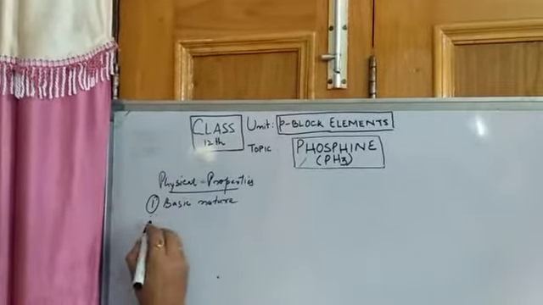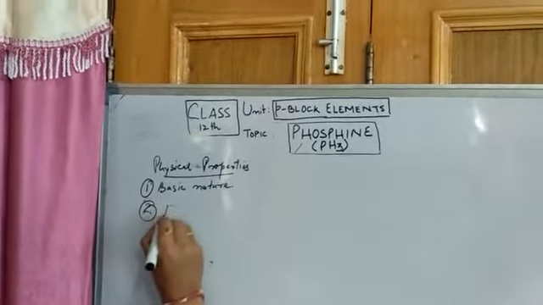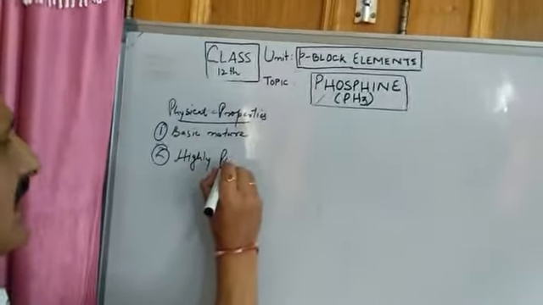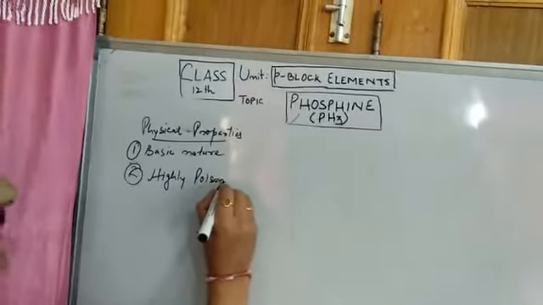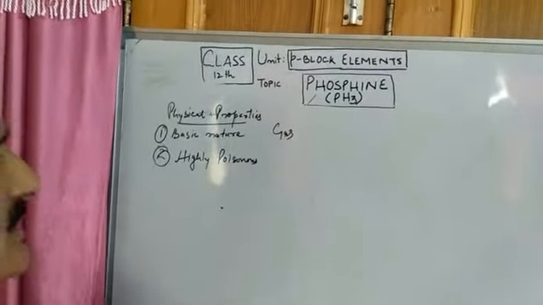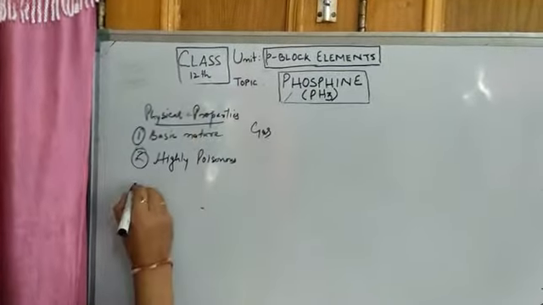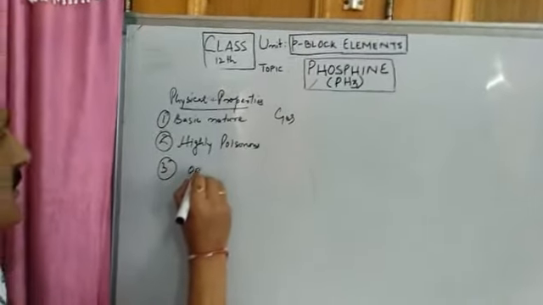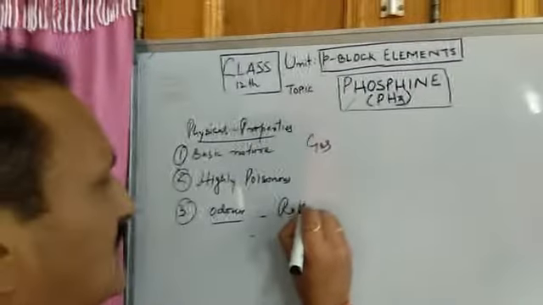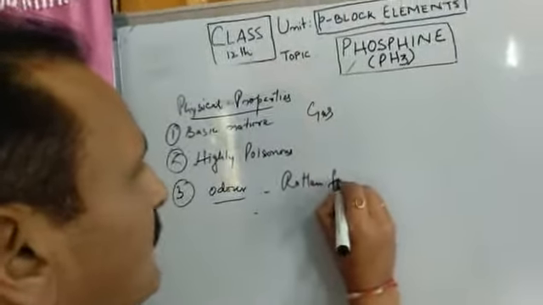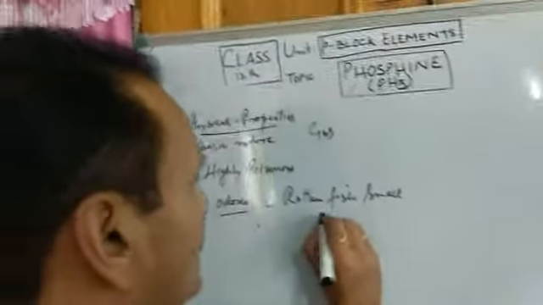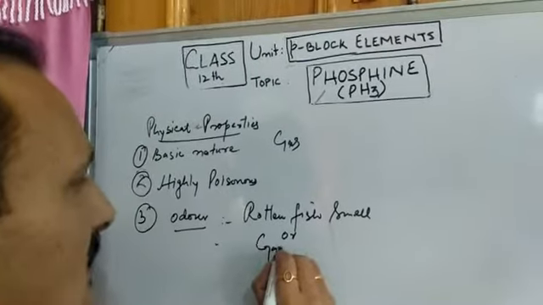Phosphine is a gas which is highly poisonous in nature, and as far as its odor, that is smell, is concerned, it has a rotten fish smell, or a garlic smell.